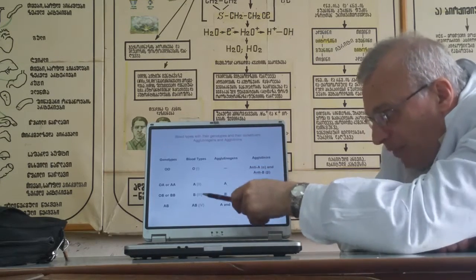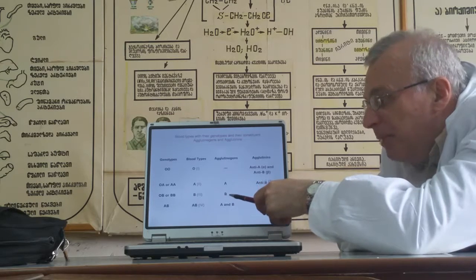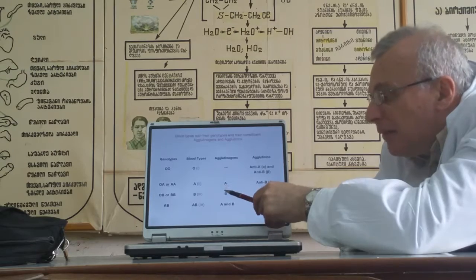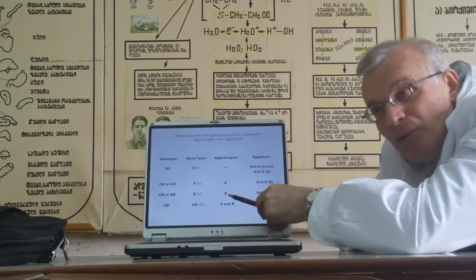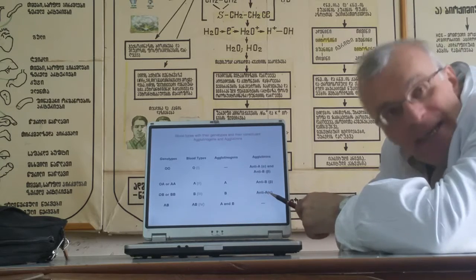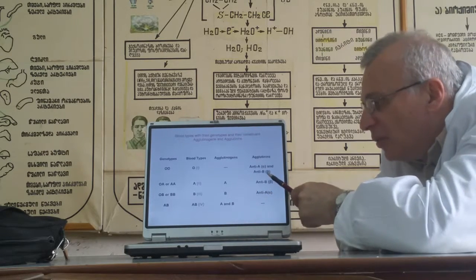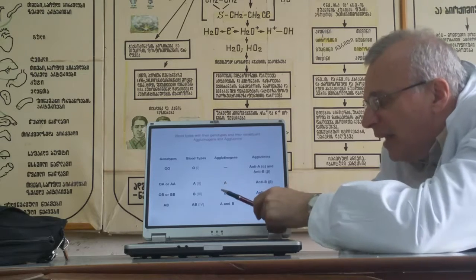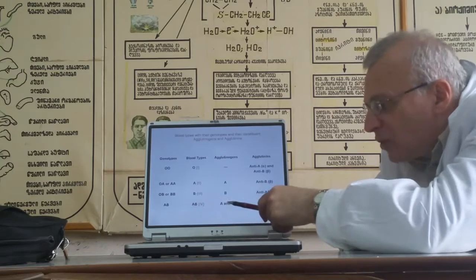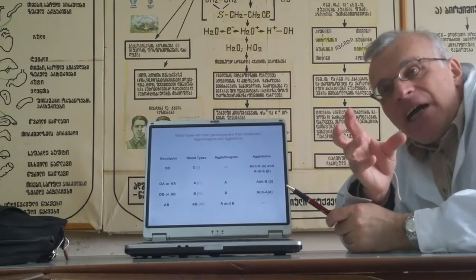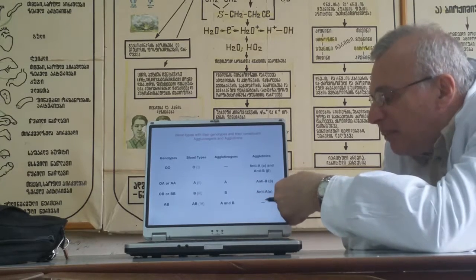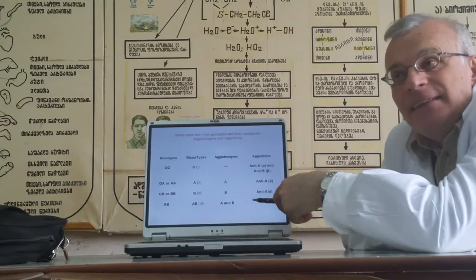Contrary for group B, we have B agglutinogens, no A, but we have anti-A, contrary to group A. And the last one is called group AB, where we have both agglutinogens, but no agglutinins present in the plasma.